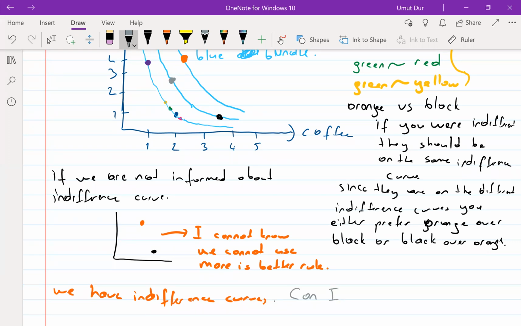Can I use the more is better rule to compare orange and gray? What's your answer for that?